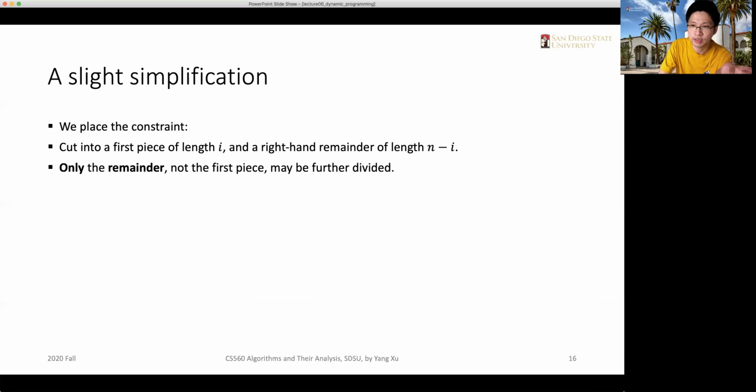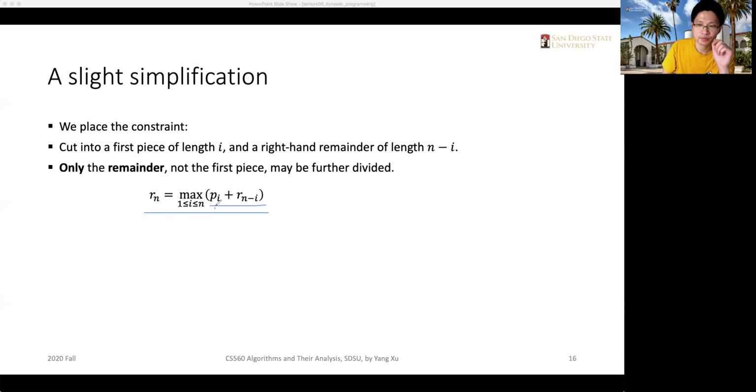That's the constraint we place. So the problem becomes: we choose the maximum from these many options.